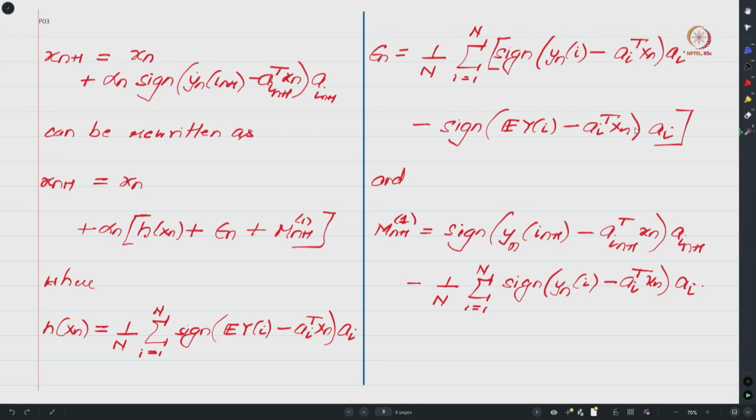So since y_n goes to expected value of y, because we are in the situation where there are no adversaries, one would hope that the sign of this expression also matches the sign of this expression. I am saying one should also hope, because the sign function is not a continuous function. So sign is a discontinuous function.